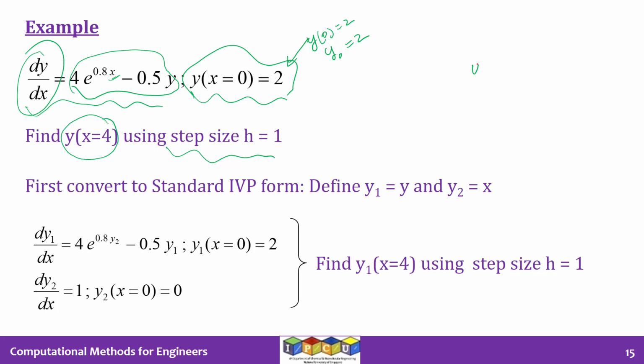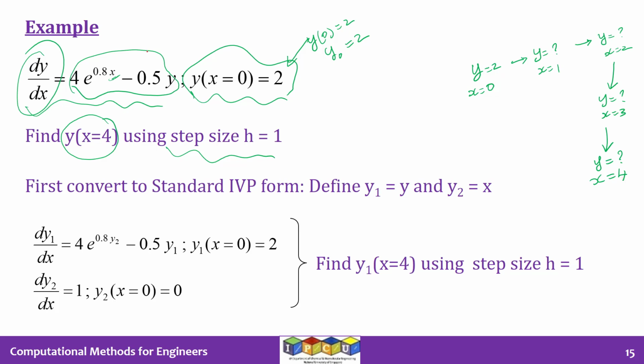So given the value of y at x is equal to 0 to be 2, we have to find the value of y at x is equal to 1, then use that to find the value of y at x is equal to 2, and then use that to find the value of y at x is equal to 3, and ultimately find the value of y at the final value, which is x is equal to 4. So we are going to do it in 4 steps. All right. And we are going to use the Euler scheme because only that has been introduced to us.